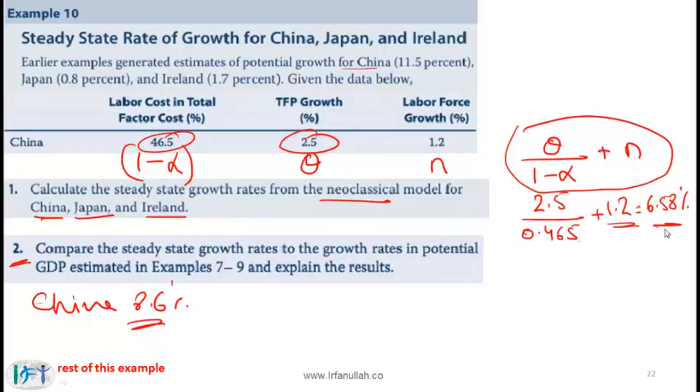The 6.58 is a long-term steady state number. So according to this model, in steady state, in the long run, the Chinese growth rate will be 6.58%. The 8.6% is a current number. So the way you can think of it is China has still not reached a mature state. The economy is still growing, so there are capital investments going on.